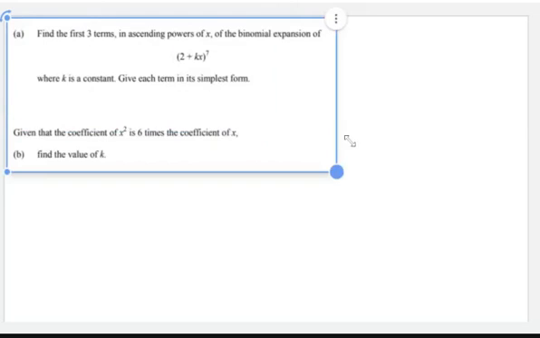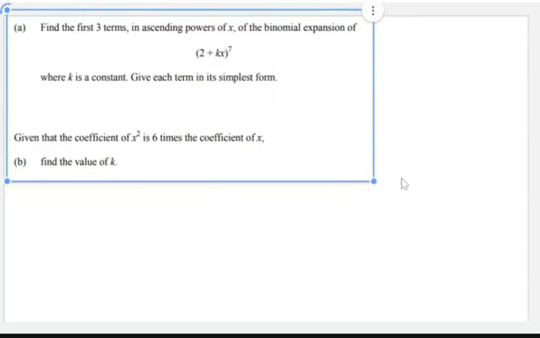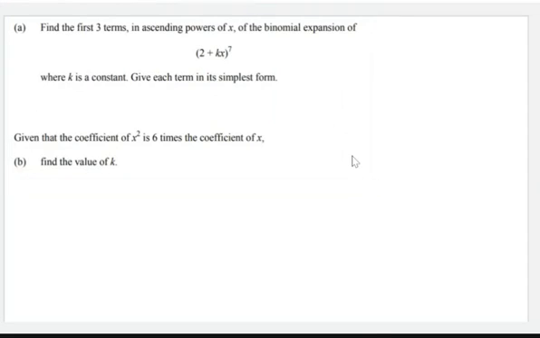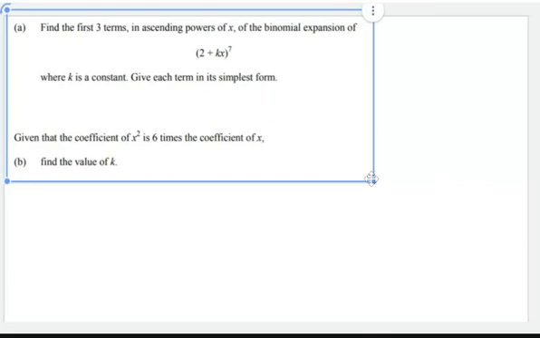Very often the first part will ask you to expand something, the first whatever terms, and then the next part will be a slightly harder version.